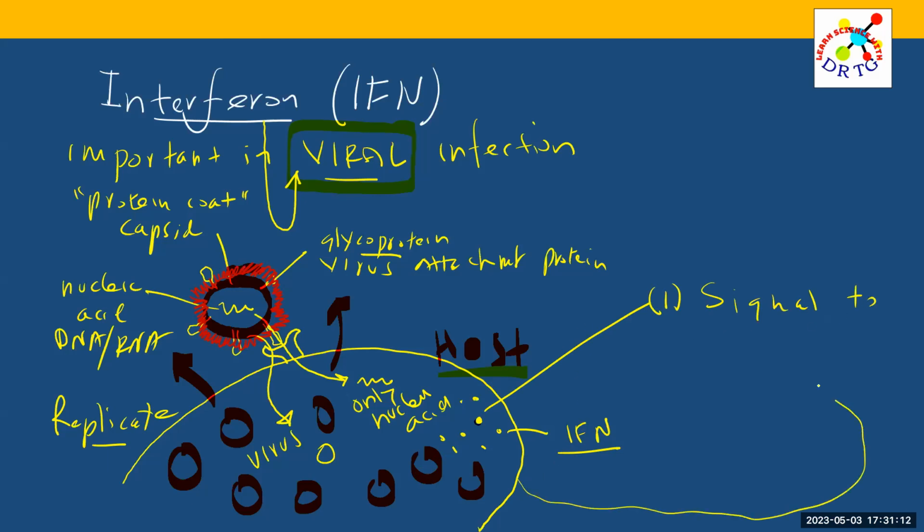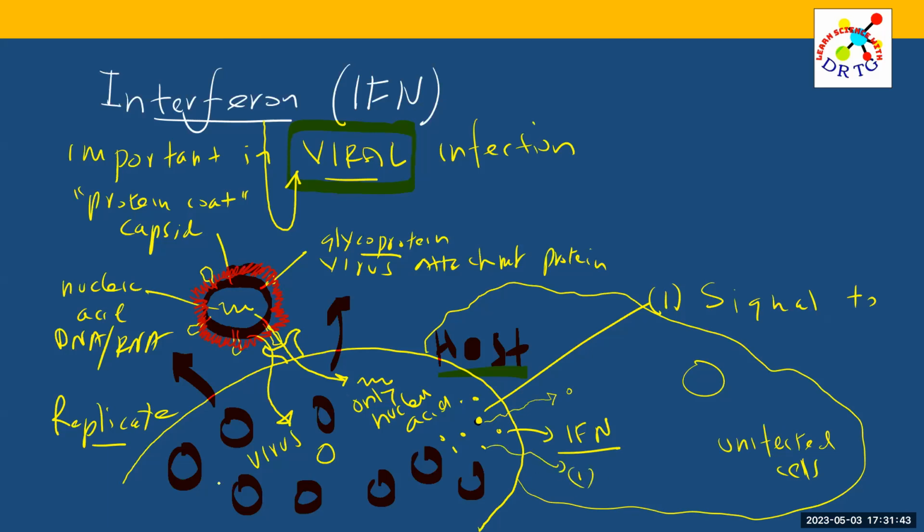For example, this is a neighboring cell which is not infected. This is an uninfected cell.